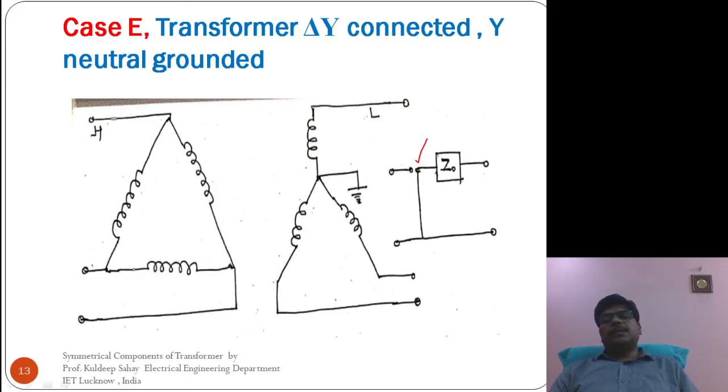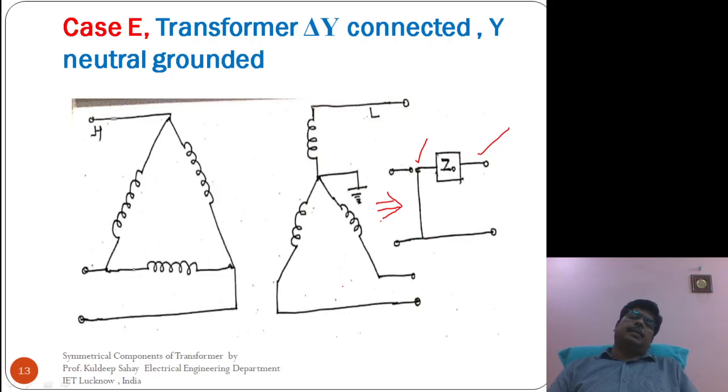Now on the secondary side or LT side, the neutral point is grounded, so this side switch B will be closed, and again since it is a star, the shunt switch will be open. So this is the fifth case of zero sequence network. This is the zero sequence network for the delta star where the star is grounded. So these are the cases.